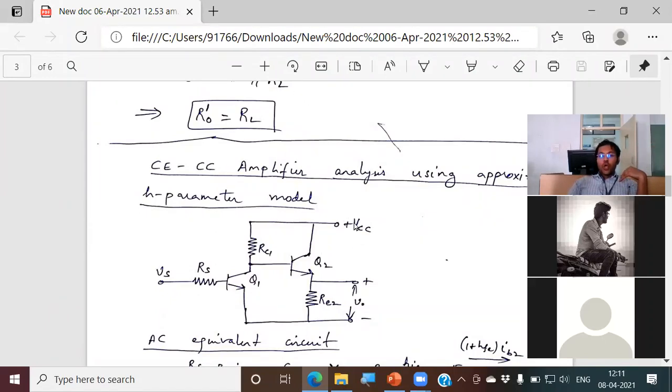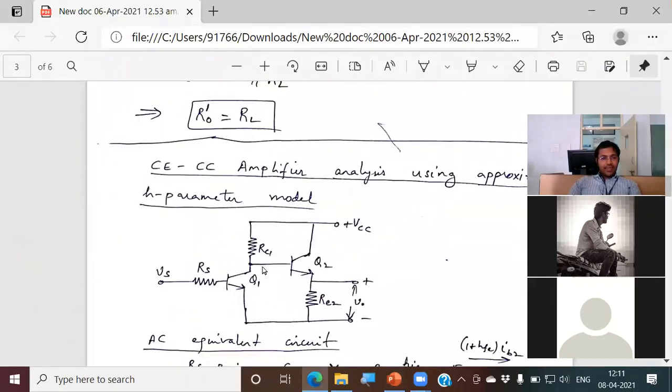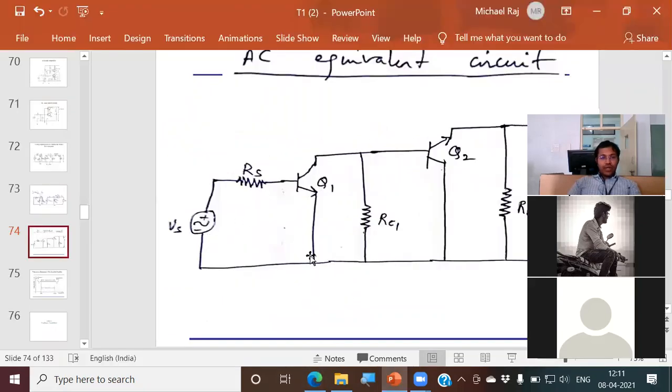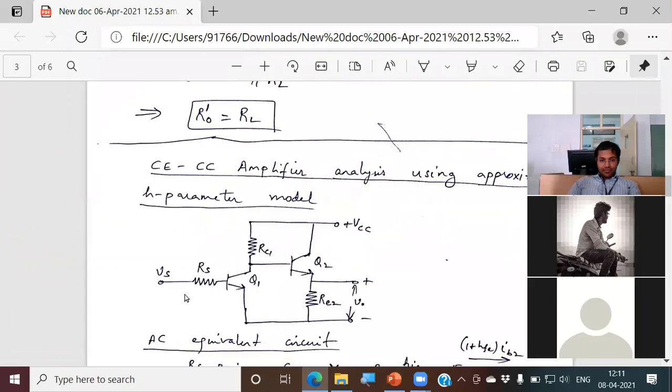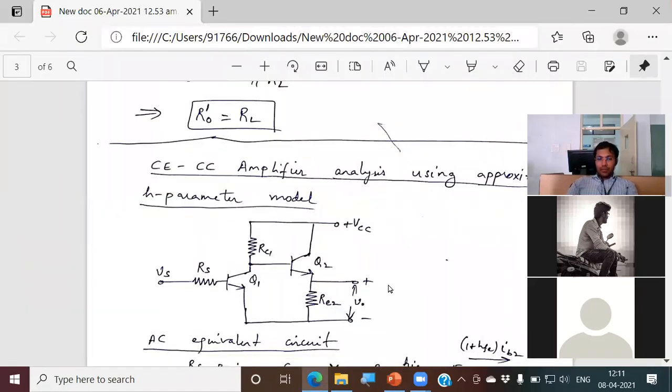So this part, Vs, Rs, Q1, as it is. Here Vs, either I can represent it like this or as a voltage source, one and the same.